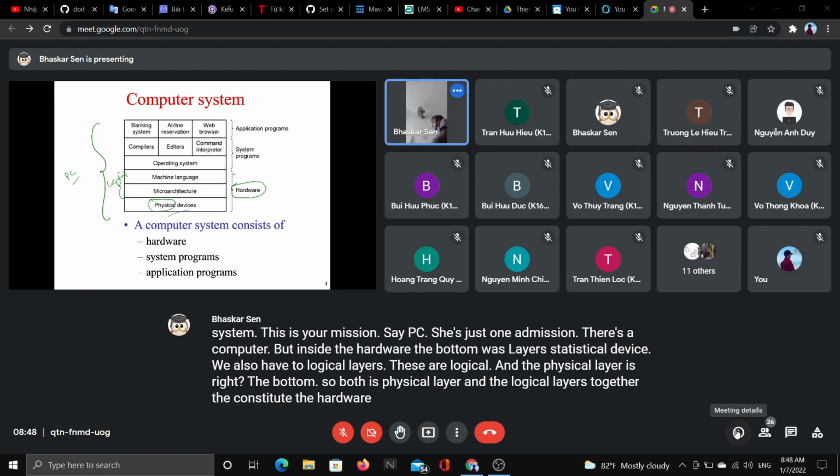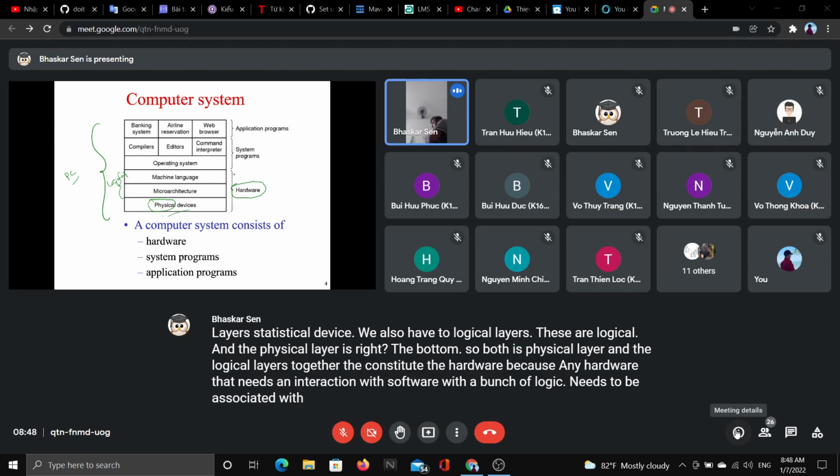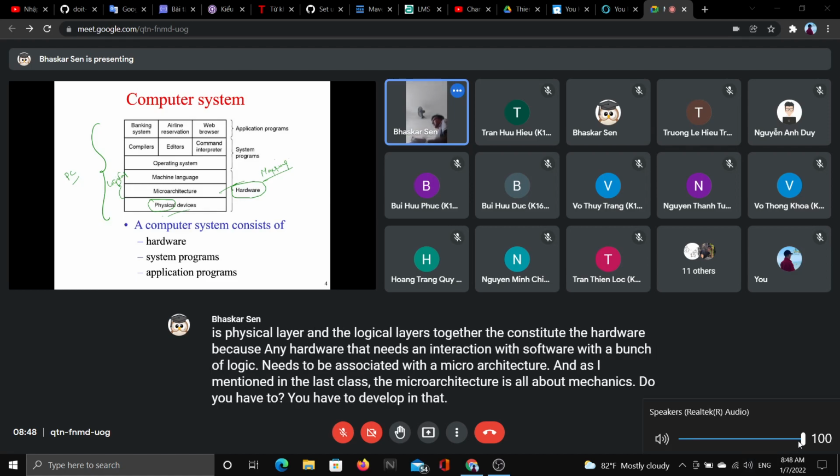Because any hardware that needs an interaction with the software, with a bunch of logic, needs to be associated with a microarchitecture. And as I mentioned in the last class, the microarchitecture is all about mapping. So you have to develop a map, right?